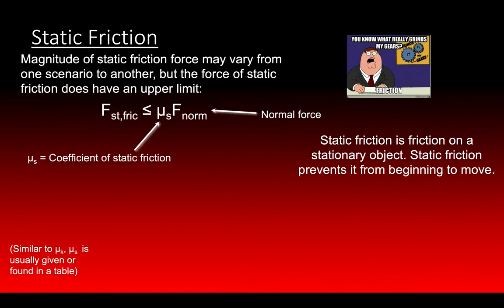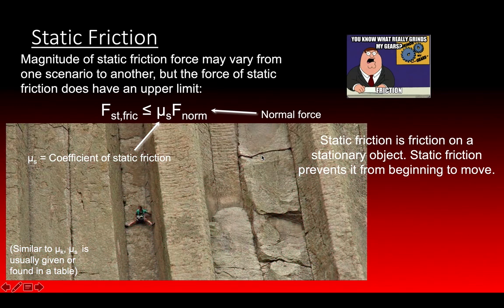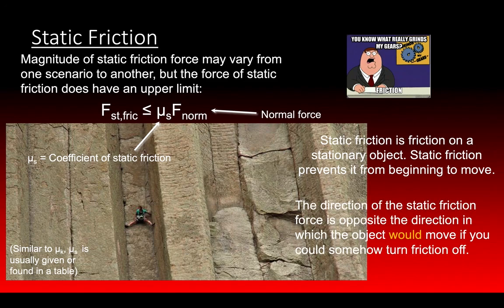As I've said, static friction is a friction force that prevents the object from beginning to move. So I could think of static friction as opposing the direction that the object would move if you could magically turn off all friction for the moment. So here we have a picture of a person doing a chimney climb. And I look at this picture, and the person is in contact with the rock face in 3 locations.